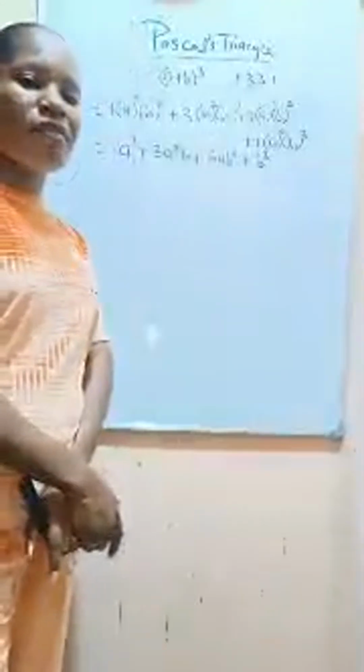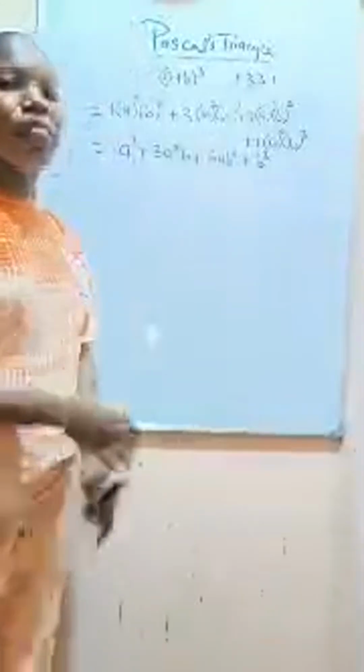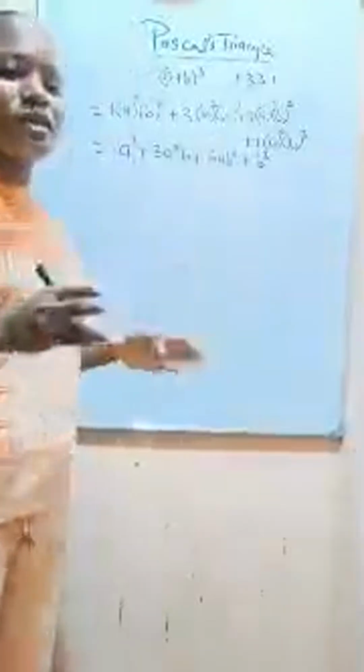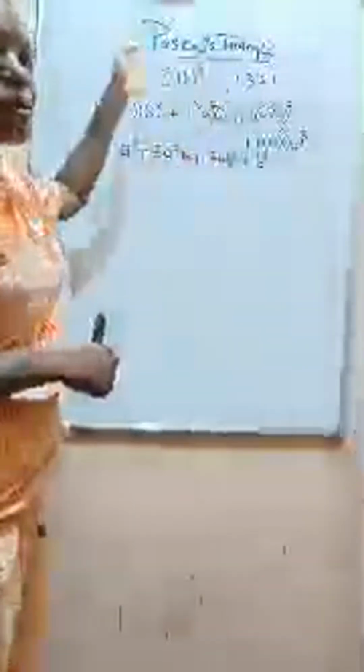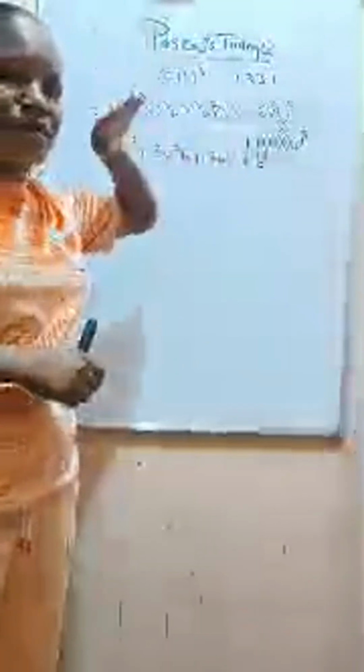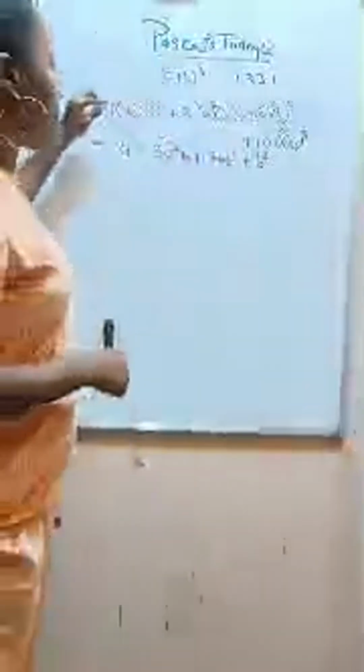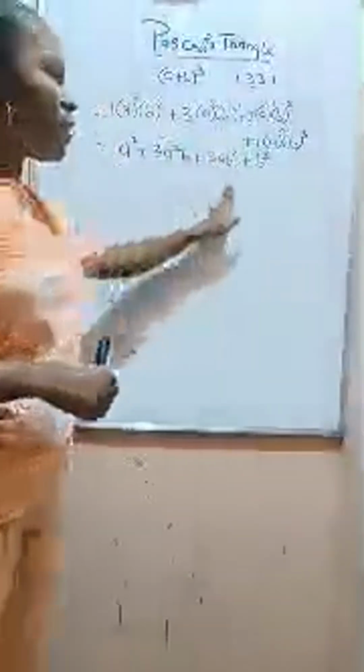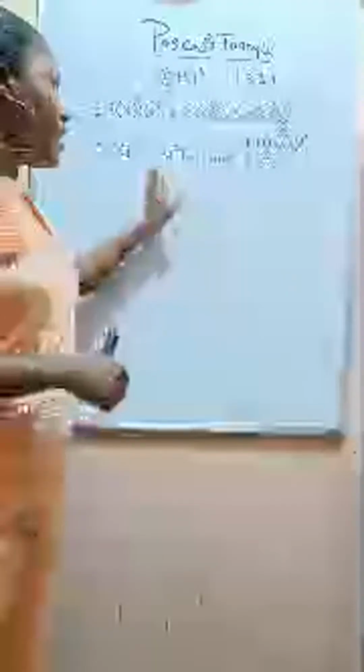Now, if you have negative, that is, you have (A minus B) to the power of 3 instead of (A plus B) to the power of 3, the only difference between the solution you are going to get and what you have here is the signs.